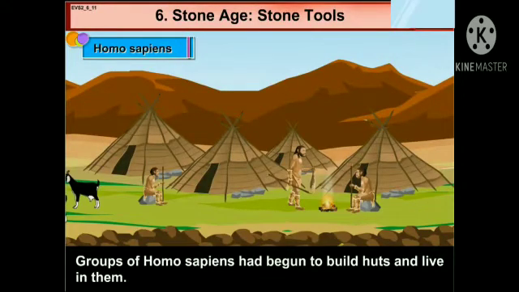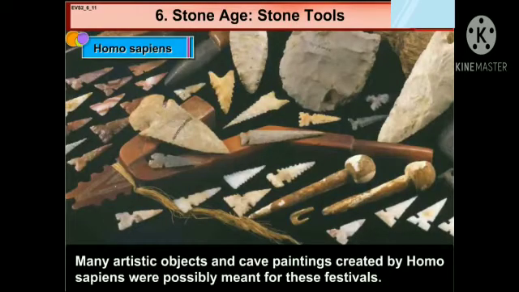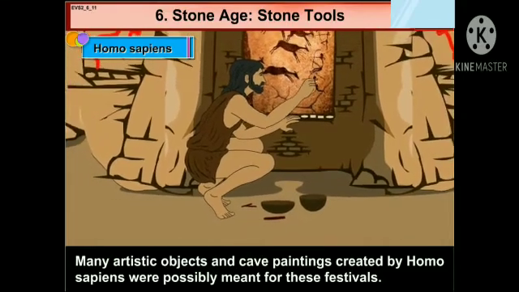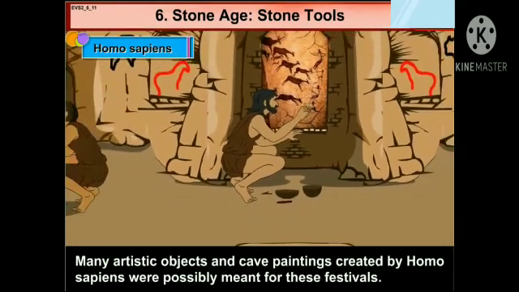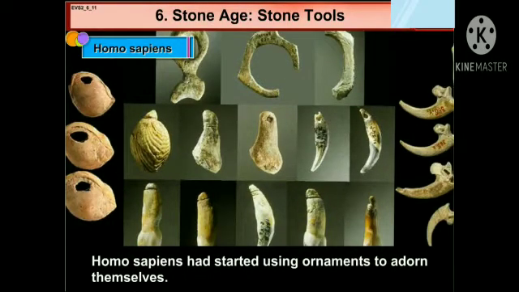Groups of Homo sapiens had begun to build huts and live in them. They had also started celebrating social festivals. Many artistic objects and cave paintings created by Homo sapiens were possibly meant for these festivals. Homo sapiens had started using ornaments to adorn themselves.